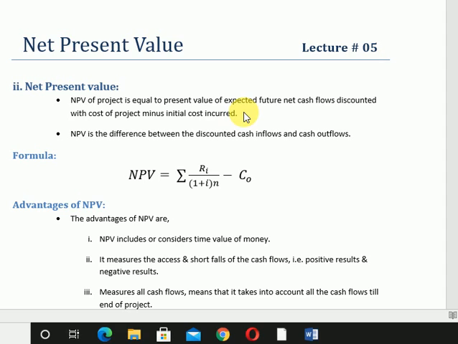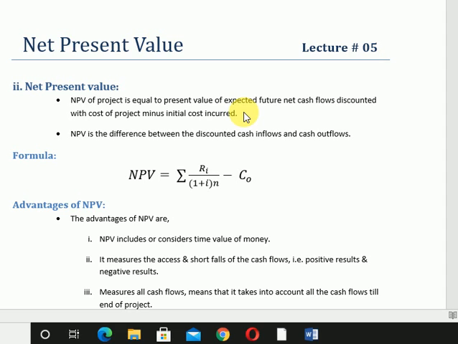When the expected future cash inflows come from the project, and we discount those future cash inflows with a discount rate, and we sum them, and from the sum of all the discounted cash inflows we subtract the initial investment of the project, that is called net present value.